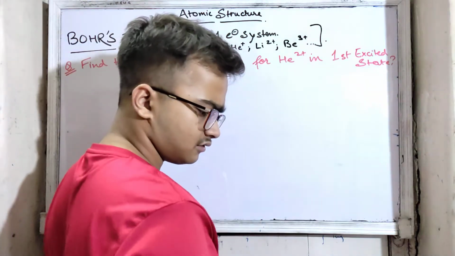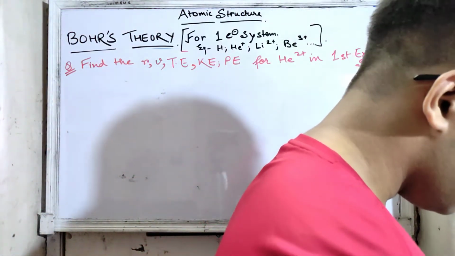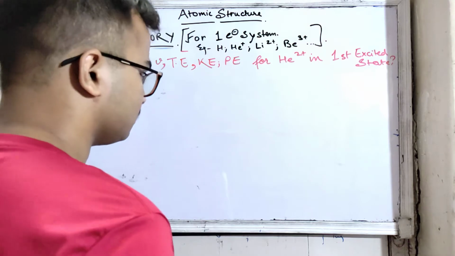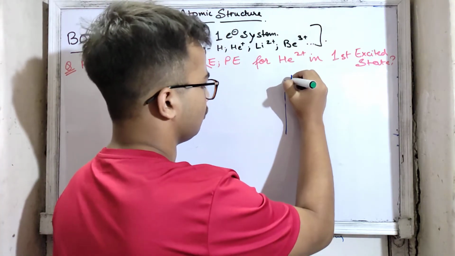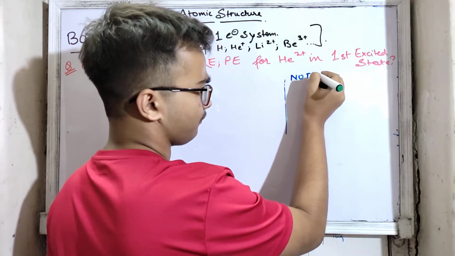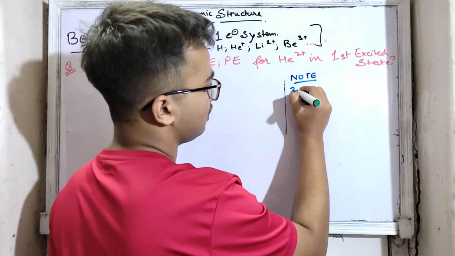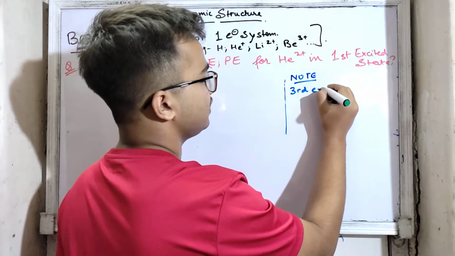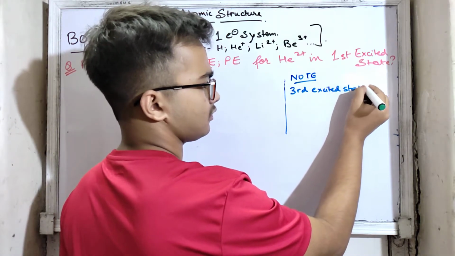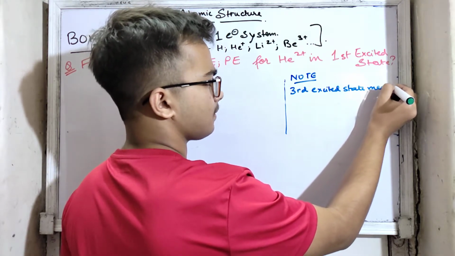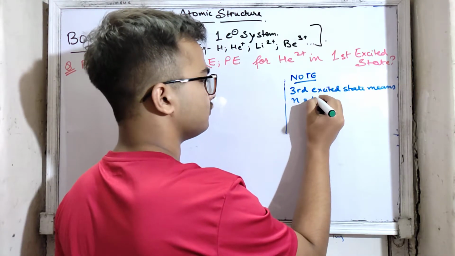Now for doing this, you have to keep a thing in mind. Make a note. Third excited state means n equal to 4.